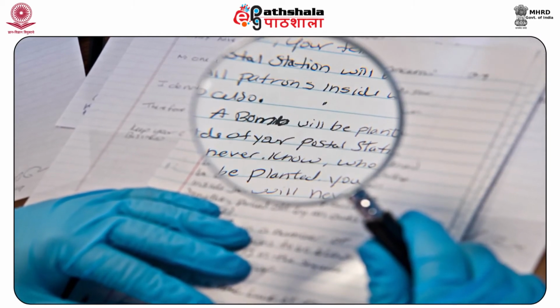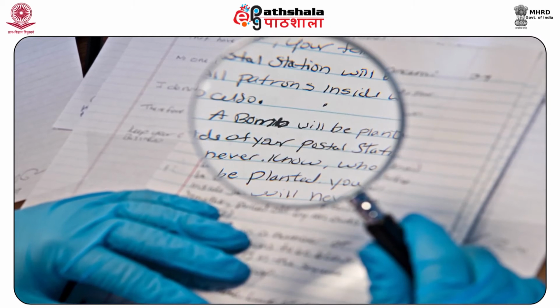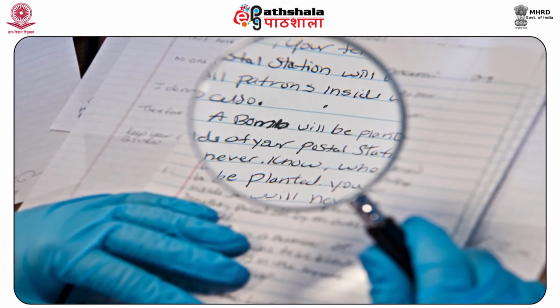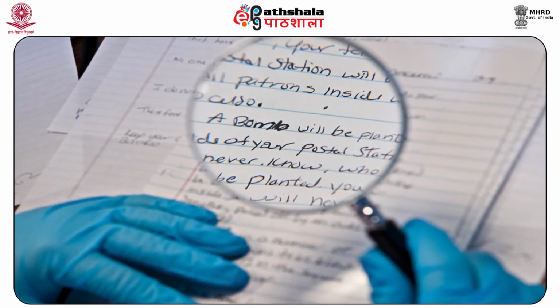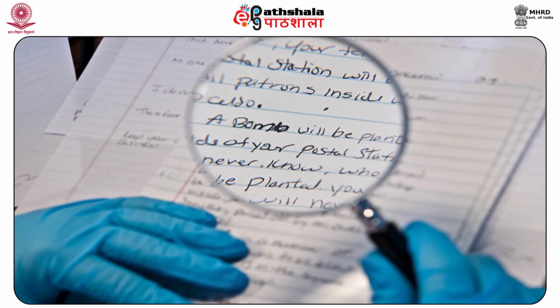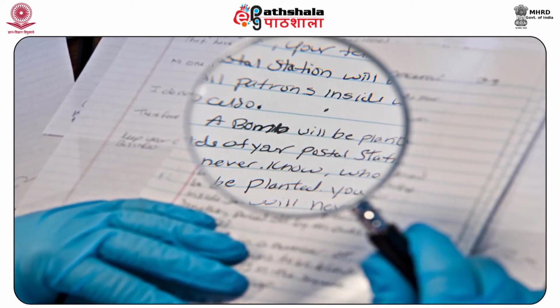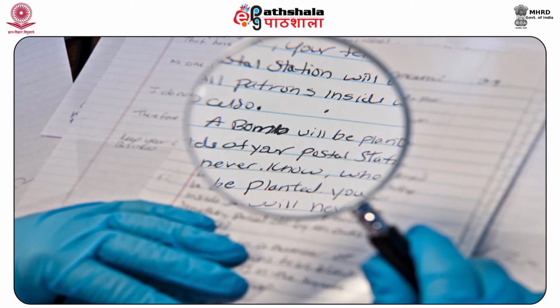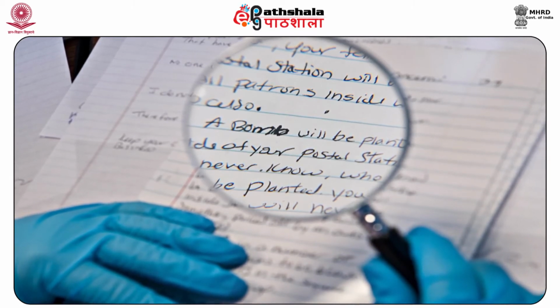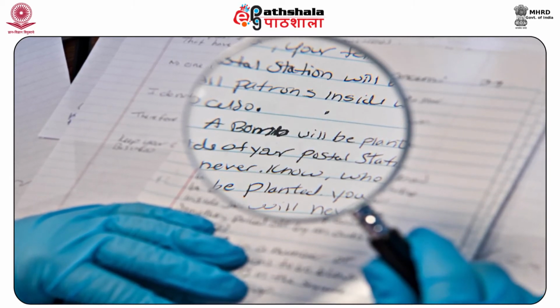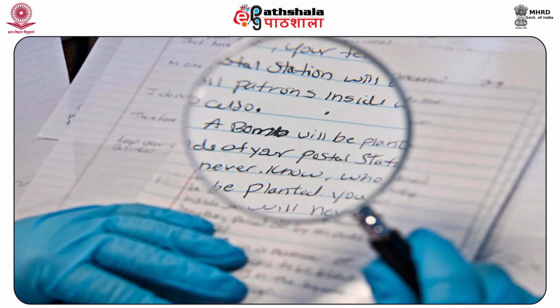Second, the edges of the paper should also be examined carefully, either with a low power microscope or with a magnifying glass, to determine if there are any torn edges or cut edges in the paper.